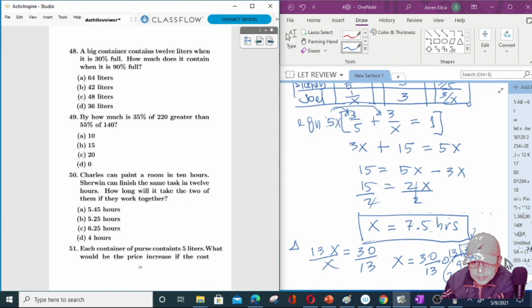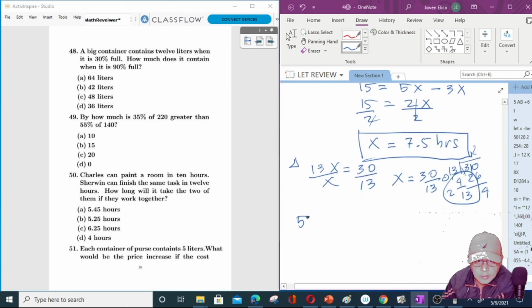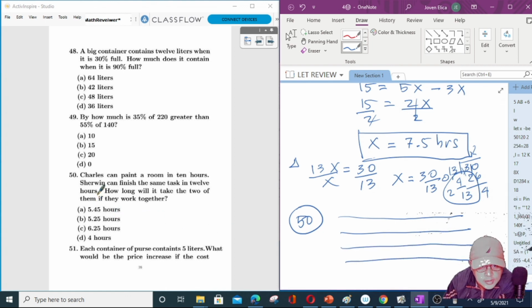So number 50, the question is: Charles can paint a room. So again, let's draw a table. It's easier to analyze. Charles and Sherwin, so two people are involved.